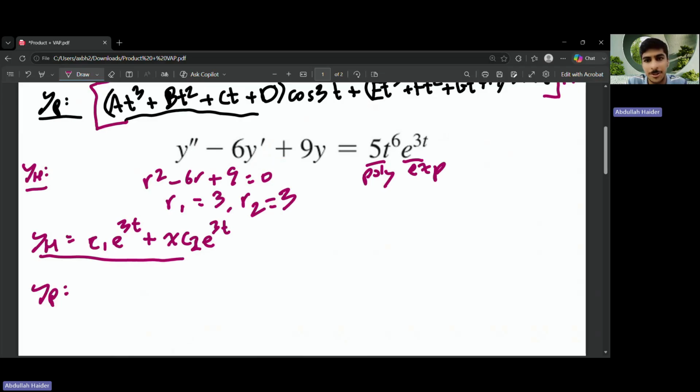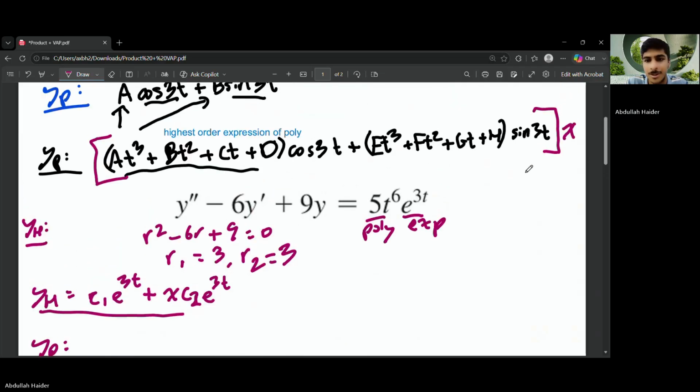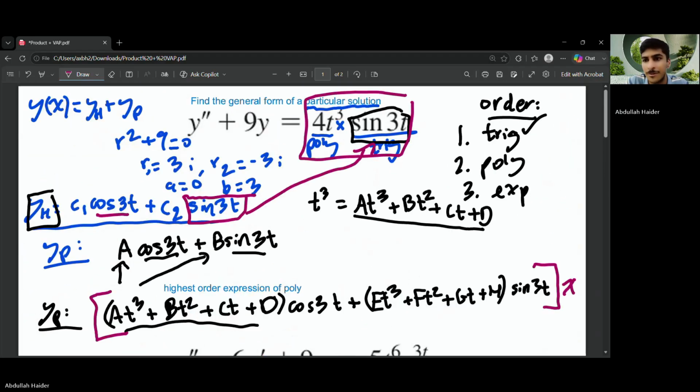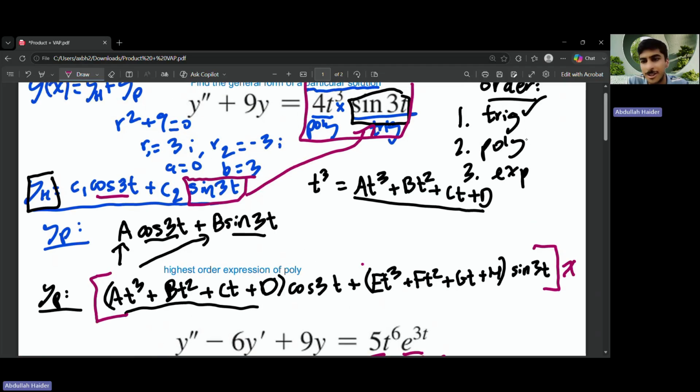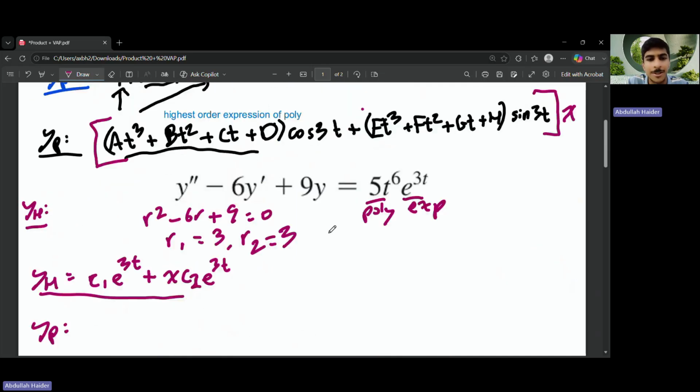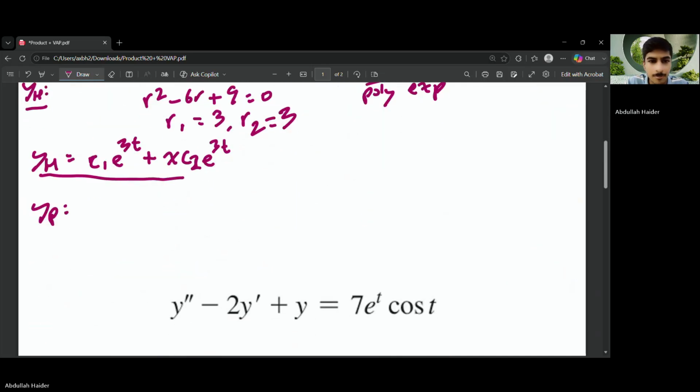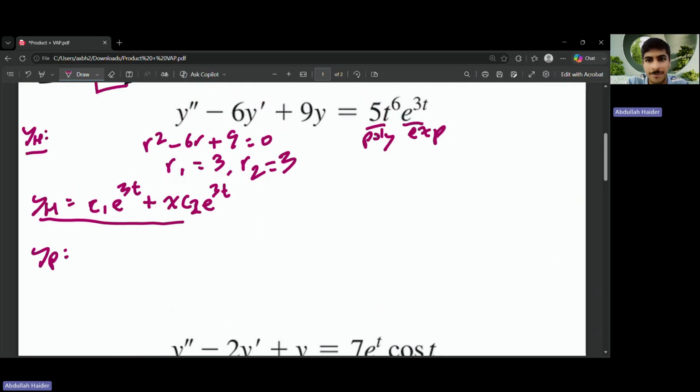So when you look at the order over here, we have polynomial and exponential. Polynomial appears first in the list, like polynomial is ahead of exponential. So now this 5t power 6 can be written in terms of At power 6 plus Bt power 5, and then so on.